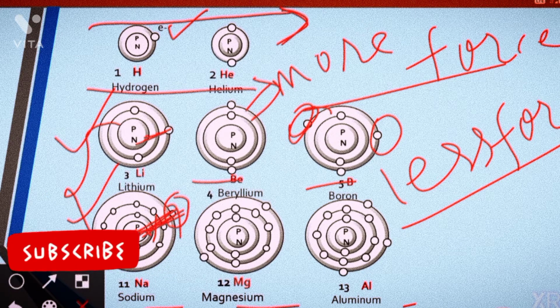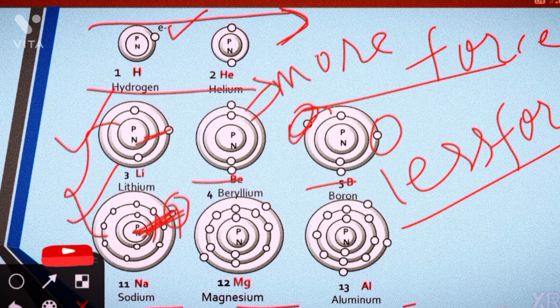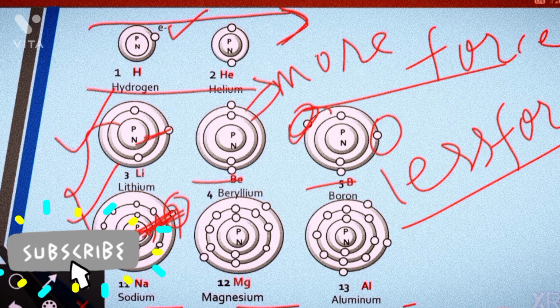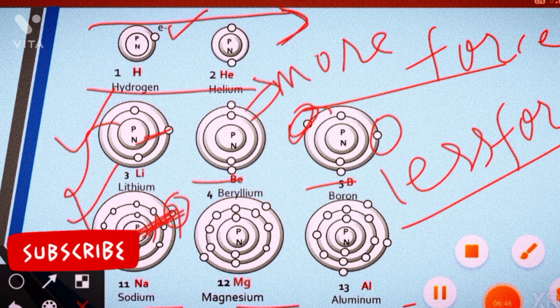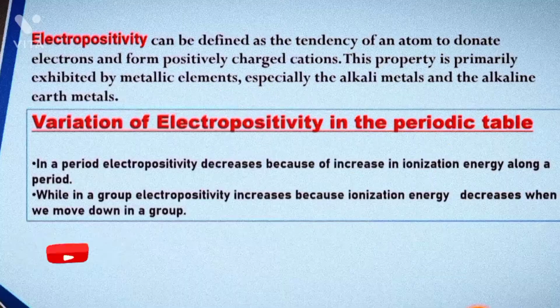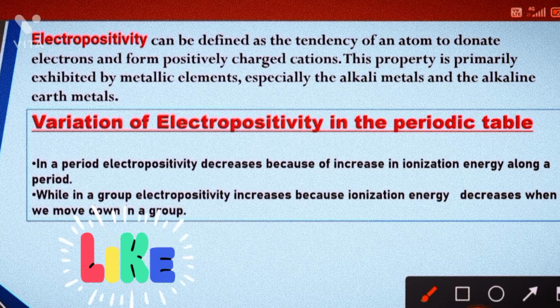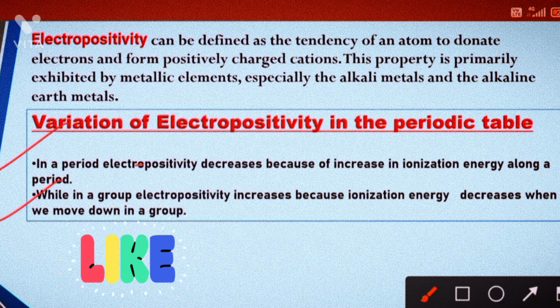That is why sodium is a highly reactive metal, and electropositivity is seen especially in metals. So metals are usually electropositive. In the second case, I have explained why electropositivity increases down the group, because the distance from the nucleus to the outermost shell increases.